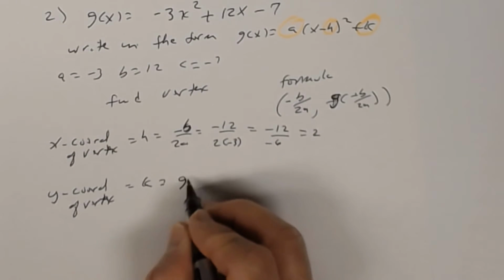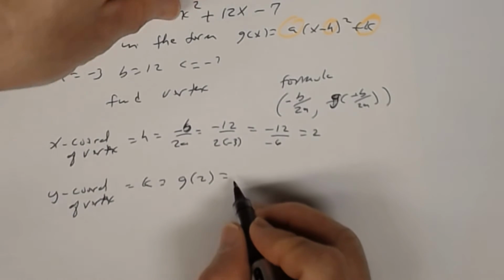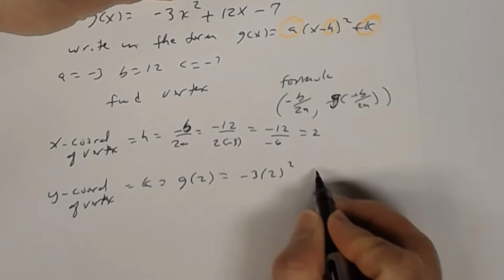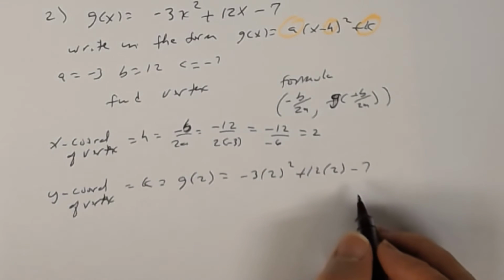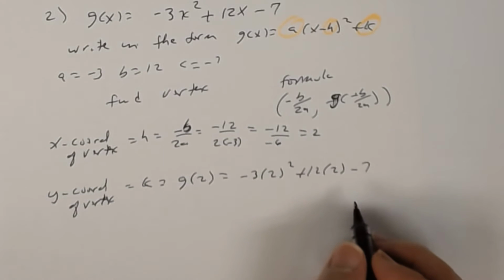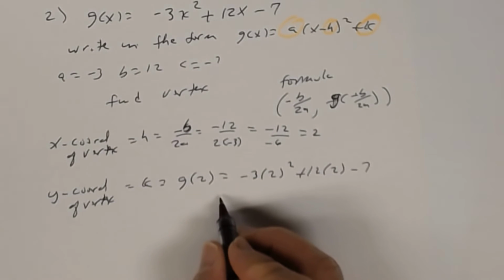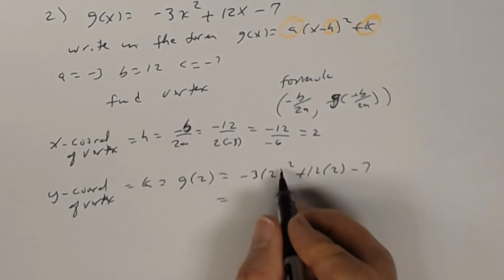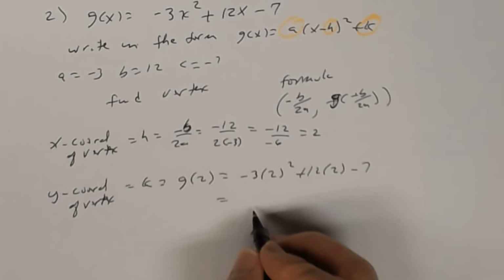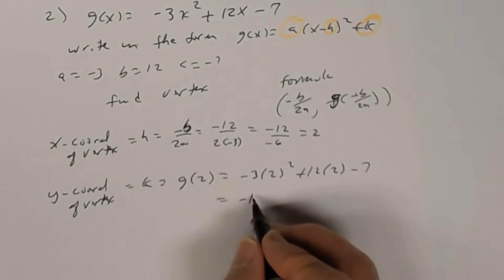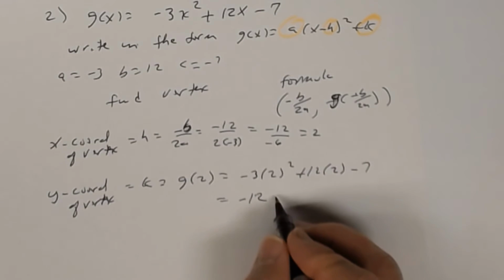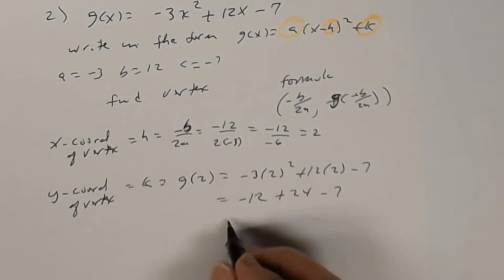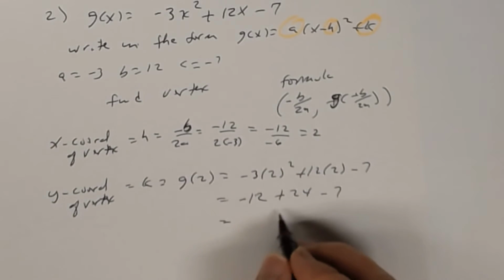So that becomes g of 2, and so that's going to be negative 3 times 2 squared plus 12 times 2 minus 7. And so then I get 2 squared is 4. 4 times negative 3 is negative 12. And then 12 times 2 is 24 minus 7. And then negative 12 plus 24 is 12.